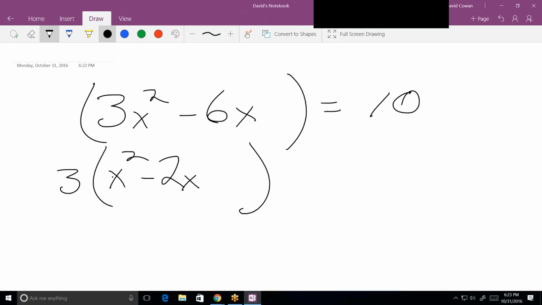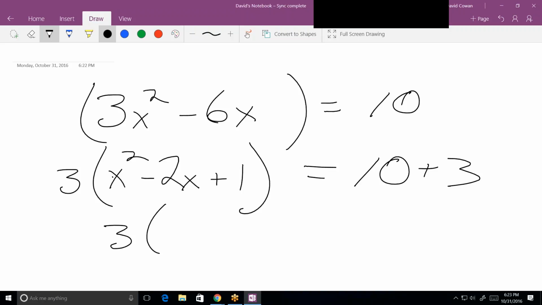Now here's the thing. So far it's still exactly the same. Complete the square. What do I have to add here? Plus 1. Now, how much did I just add to the left side of the equation when I wrote that in there? 3. Correct. So I have to add 3 over here, not 1. Okay. Now I get 3 times x minus 1 quantity squared equals 13.